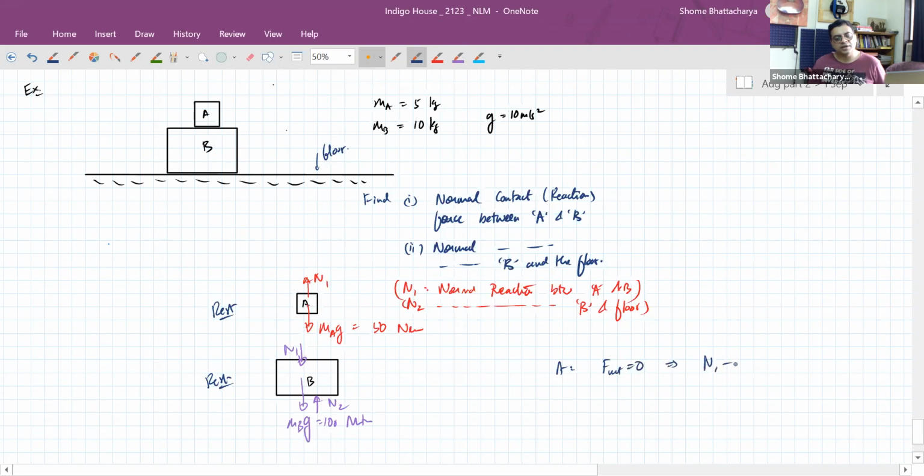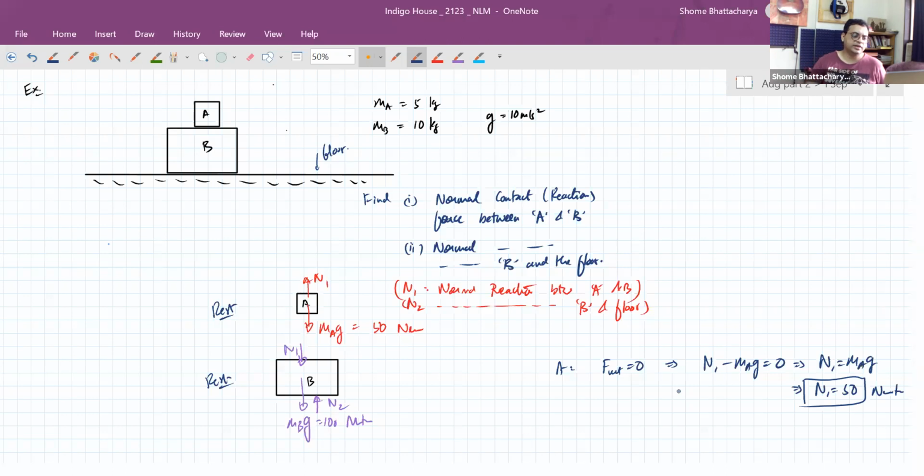So N1 must balance the weight of A. So the normal reaction between A and B has a magnitude of 50 newtons. That action reaction pair, which you can see here, has a magnitude of 50 newtons. So B applies a normal reaction in the upward direction on A, and A applies an equal and opposite normal reaction in the downward direction on B.